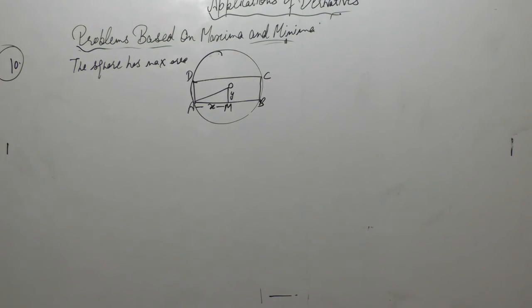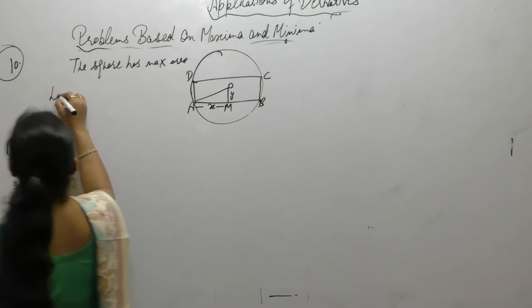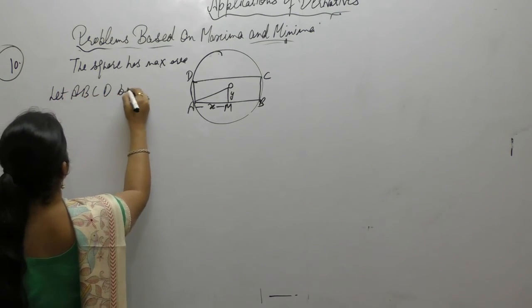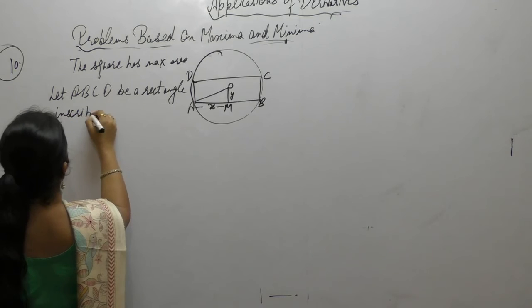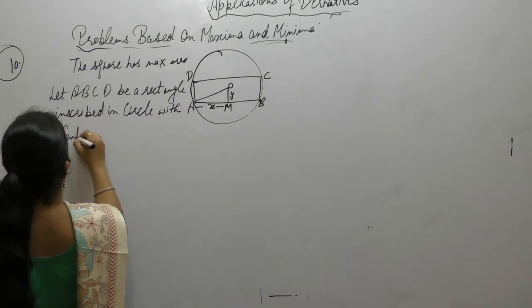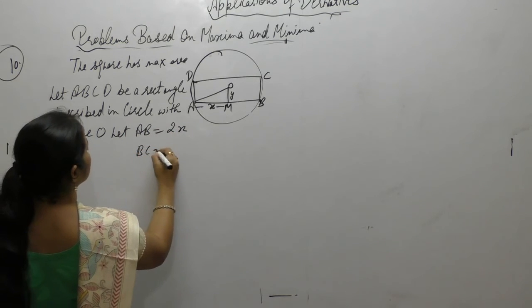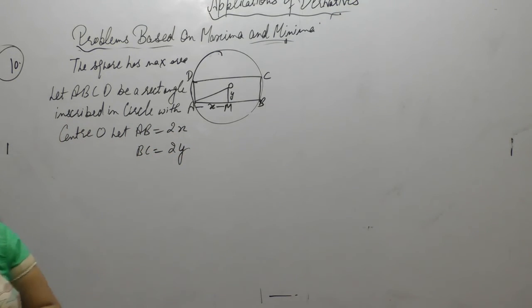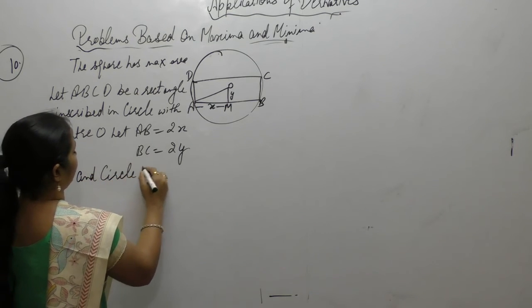Write down. Let ABCD be a rectangle inscribed in a circle with center O. Let AB equal 2x and BC equal 2y, the length and breadth of the rectangle, and the circle has radius a.